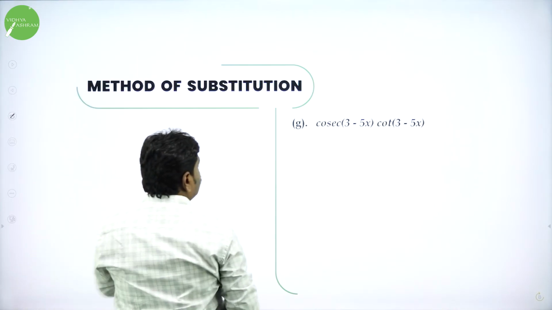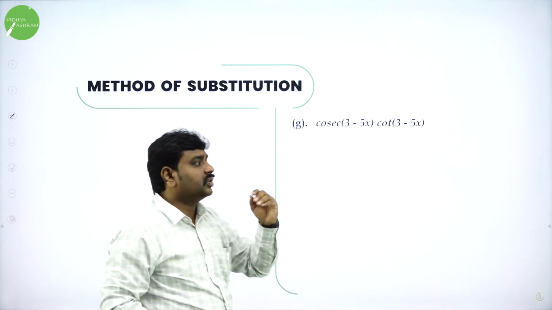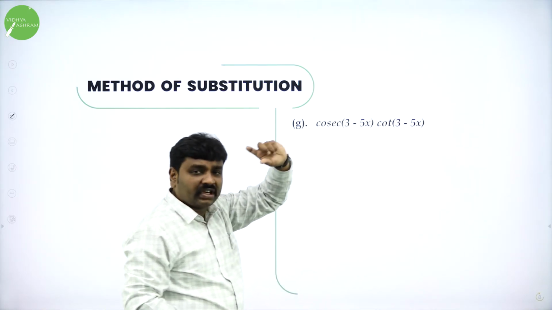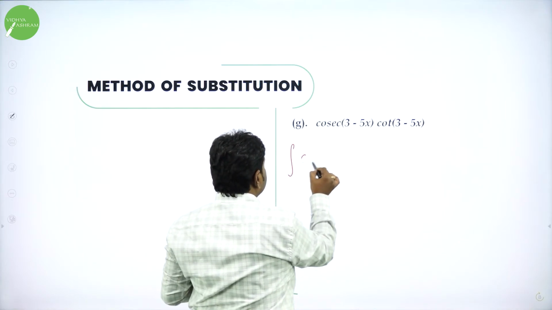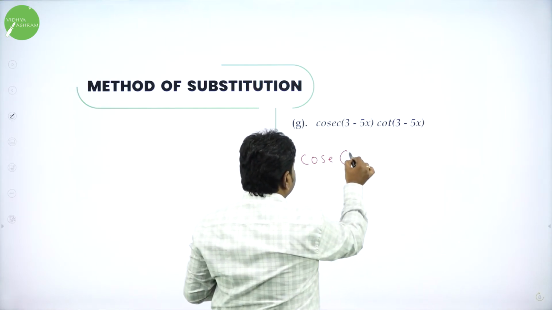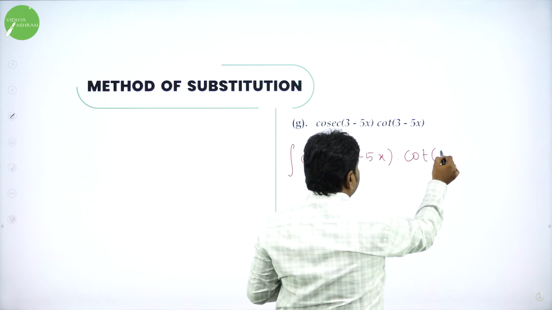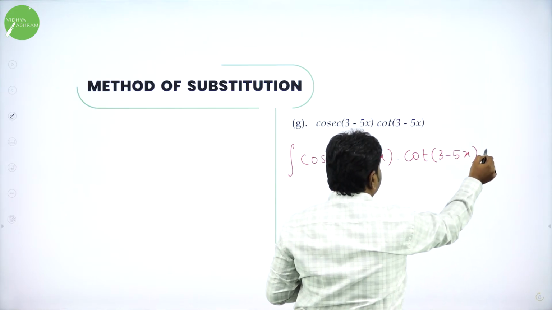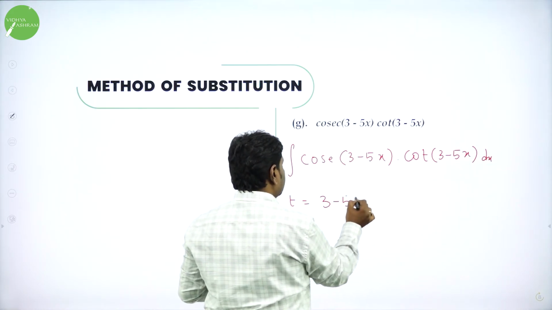Next, cosecant of (3 minus 5x), cot of (3 minus 5x). Obviously, put the internal function 3 minus 5x as t and the problem reduces. So the given problem is the integration of cosecant of (3 minus 5x) into cot of (3 minus 5x) into dx. So put t as 3 minus 5x.